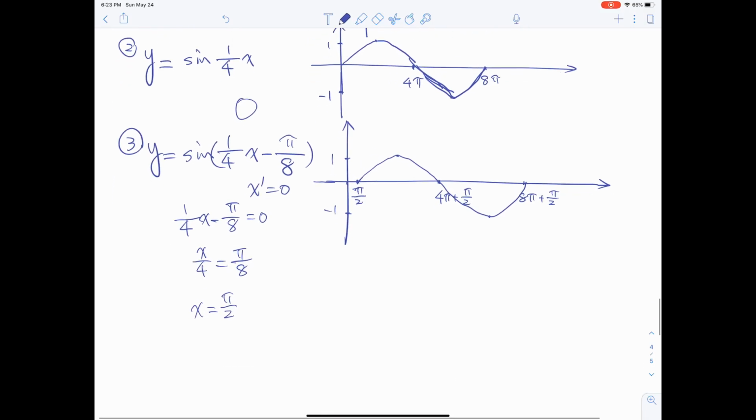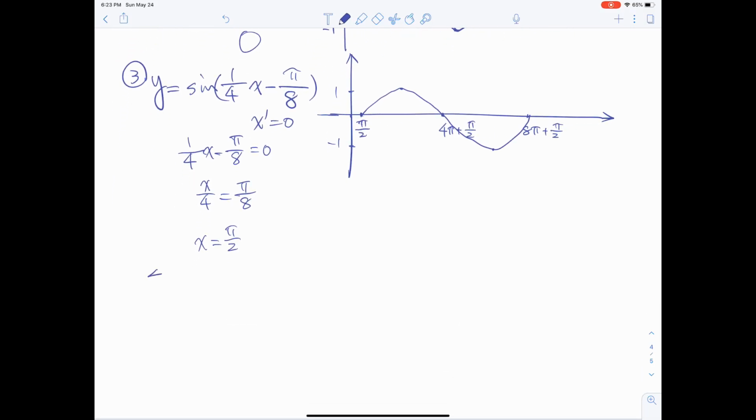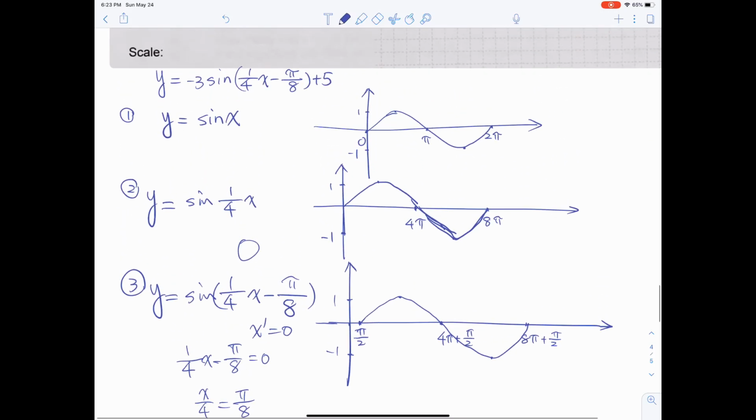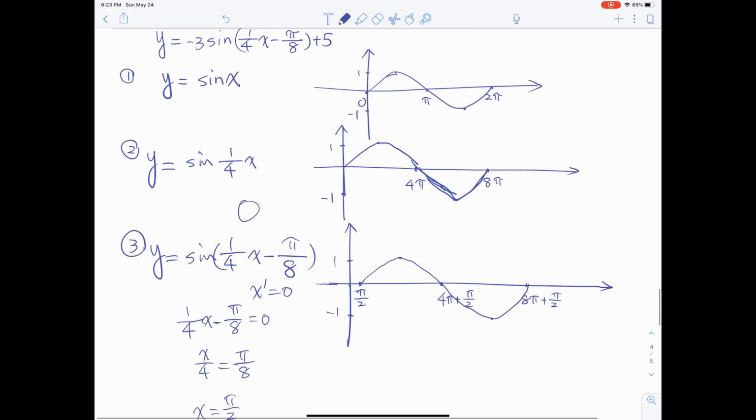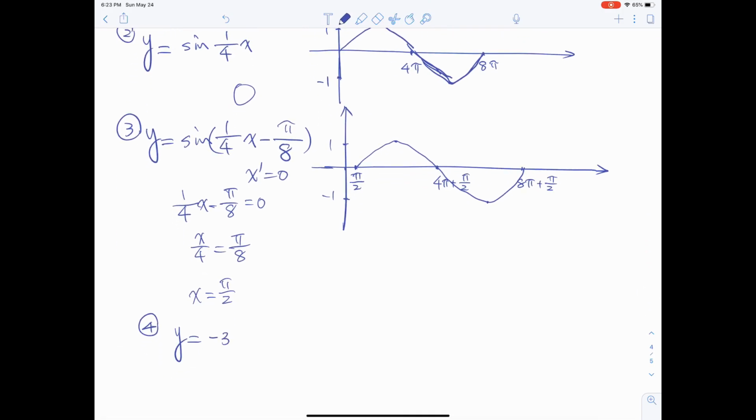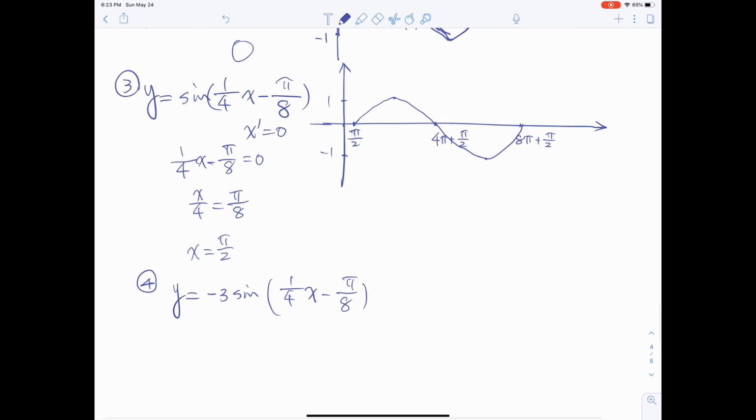Okay. Now, step 4: y equals negative 3 sine, the same, 1 over 4x minus pi over 8. So it actually makes it much thinner. How thin? It times 3. And it's negative, so it goes down.